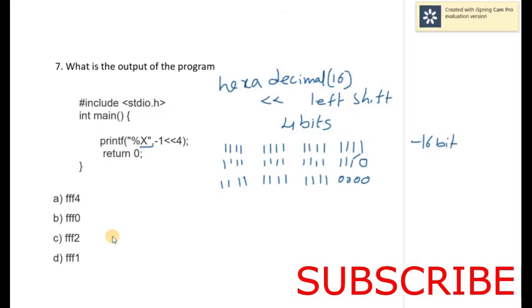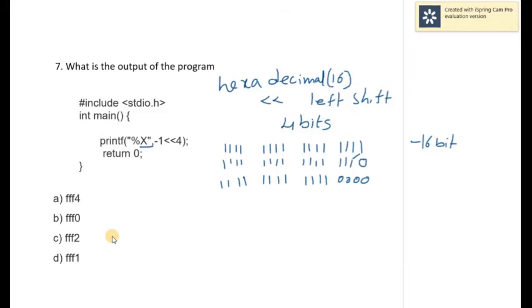So how to represent this in hexadecimal format? 4 ones is a representation of 15, so that is f, and here it is again f, and the last is 0. This is the case for 16 bit. Suppose it is 32 bit, definitely we are going to get 7 f's and 0. So this is the answer for 32 bit.